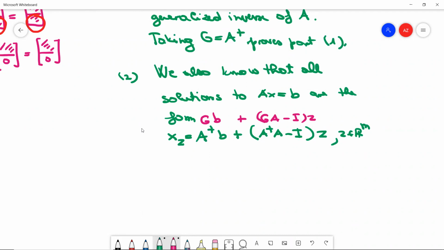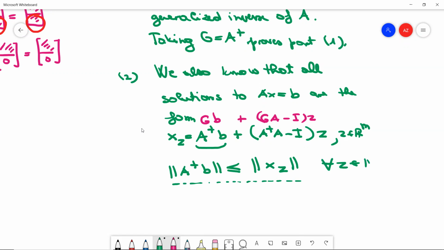And what we are trying to show is that this A plus B has the smallest norm among all solutions. So we want to show that the norm of A plus B is smaller than the norm of XZ, for all Zs.